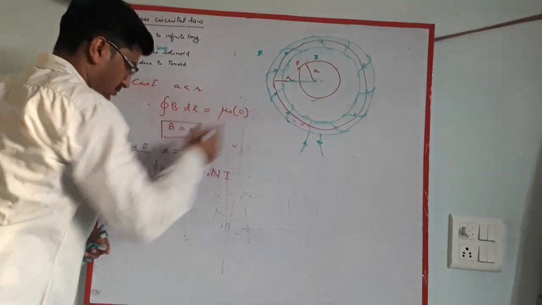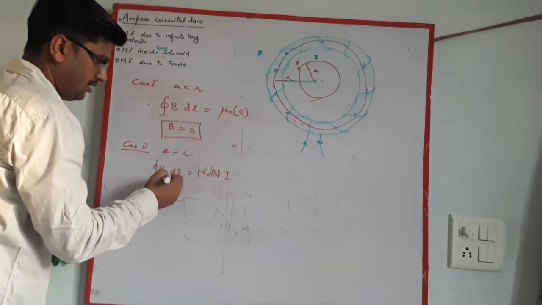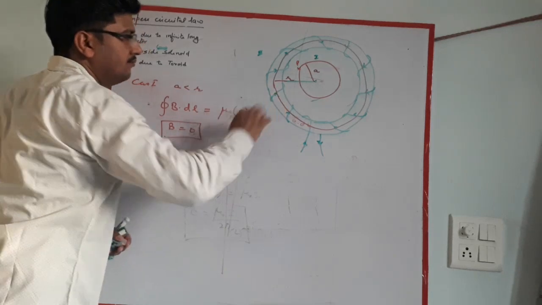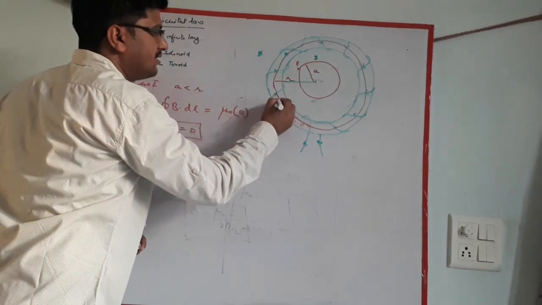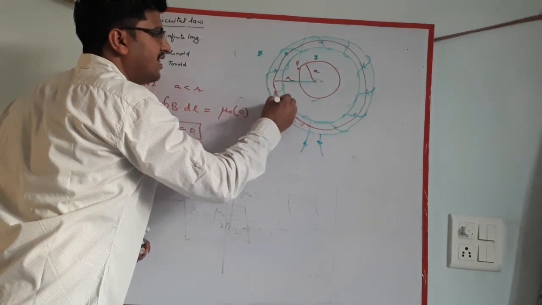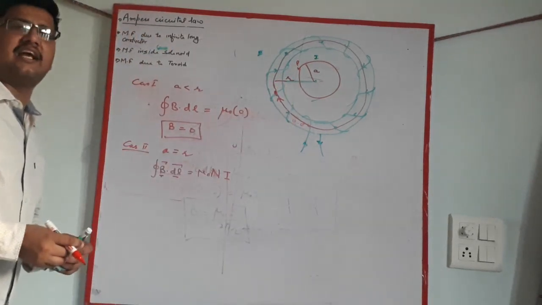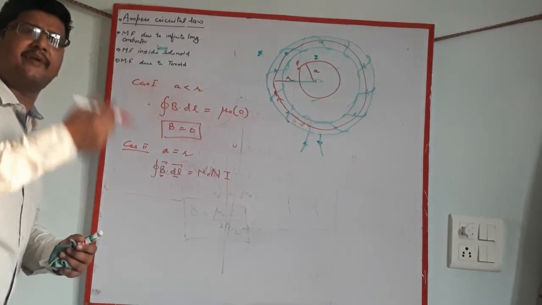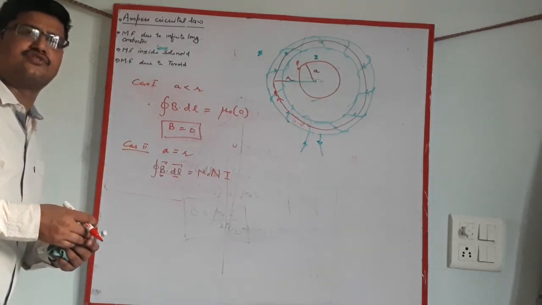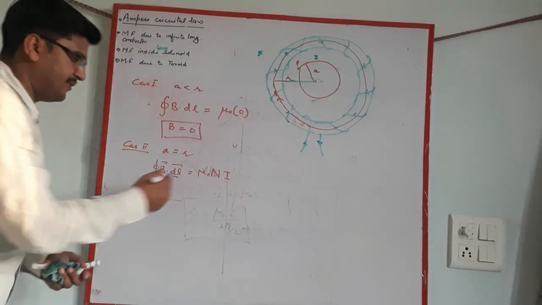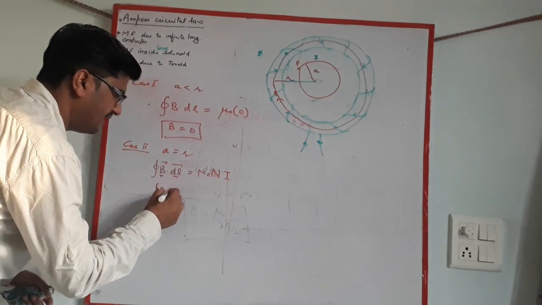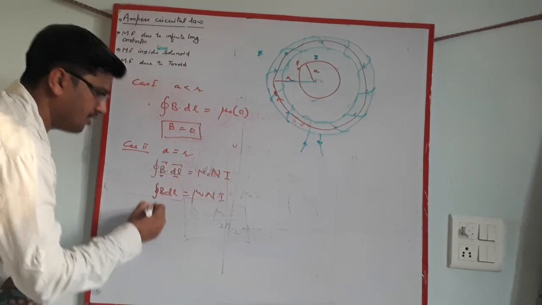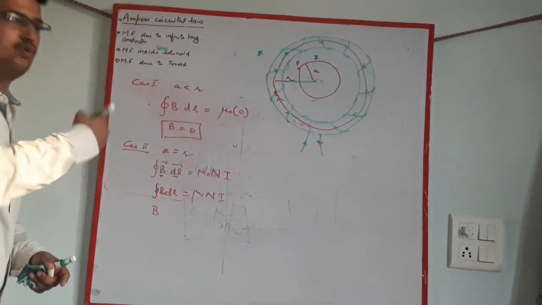Again, B dl. The magnetic field and the length element dl are in the same direction, tangential to the empirical loop. So B dl cos 0, which is 1, becomes B dl, equal to mu naught nI, and B is constant through the whole loop.